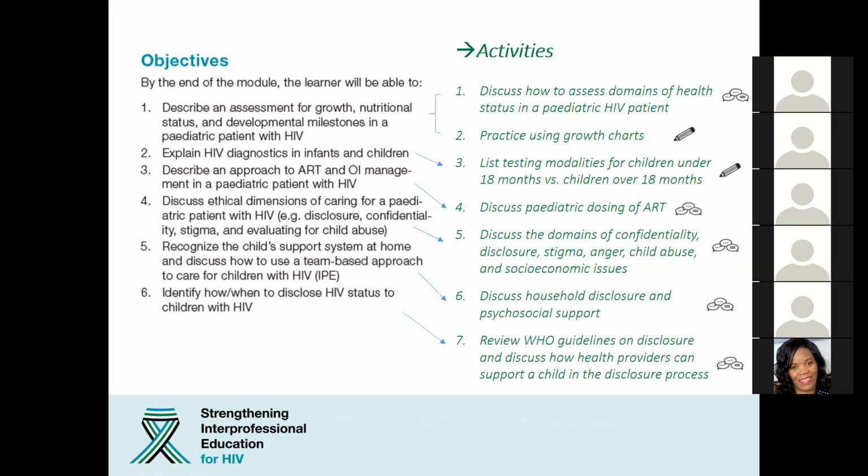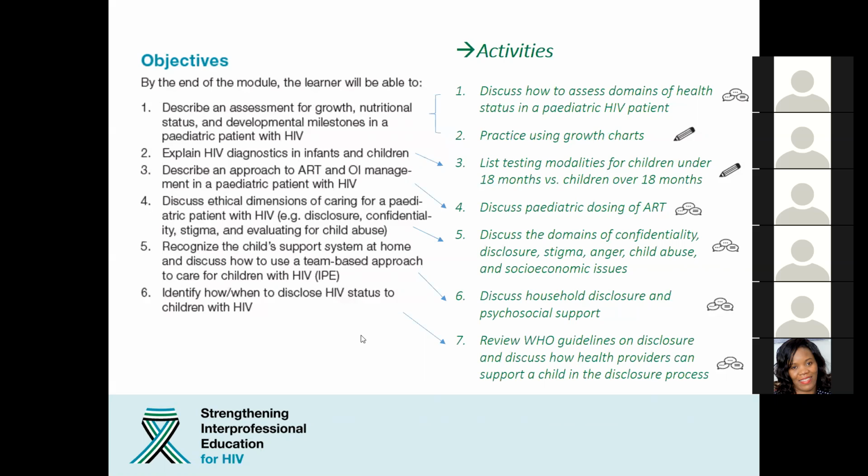There's a bit of IPE here, I think, where you look at multiple sources of support to families, including other families with children who are living through this as well. And sometimes peer support groups have been helpful to parents as they go through this.